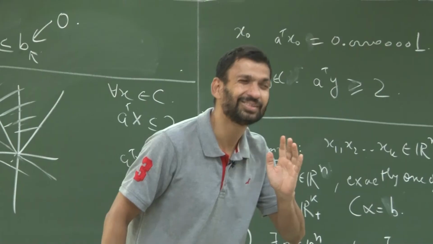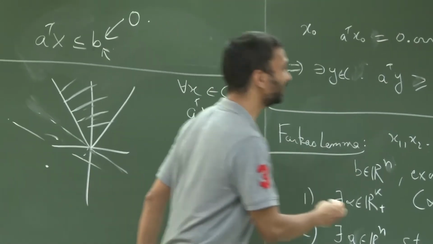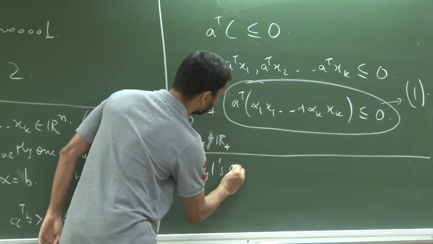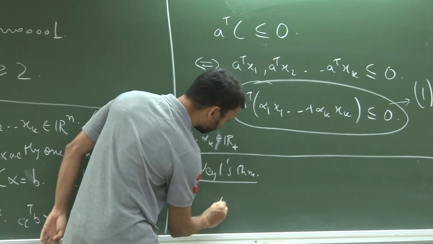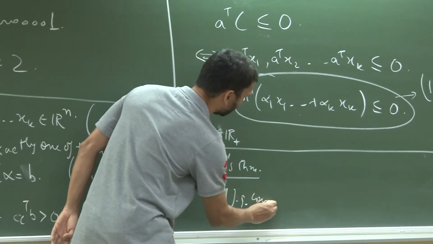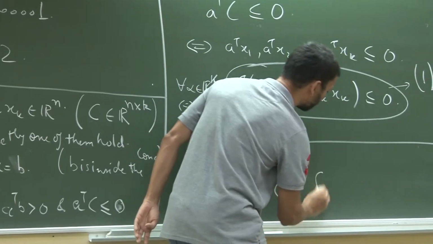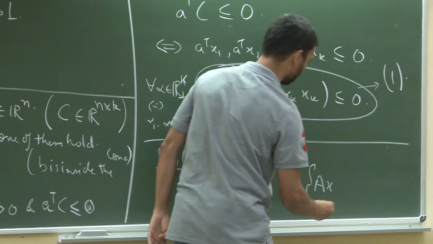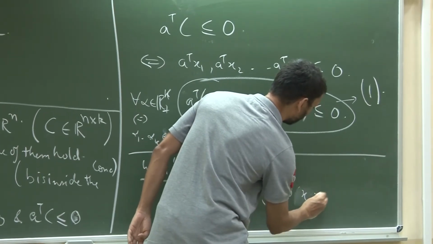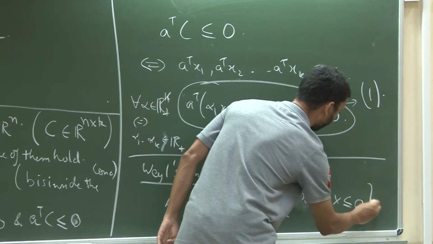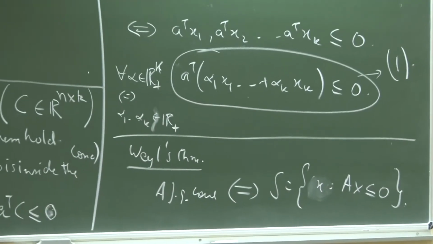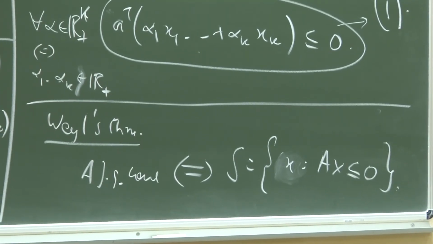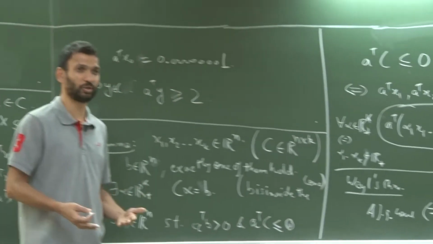A cone is, okay, you are probably confused with all this, but Weyl's theorem tells you that a finitely generated convex cone is equivalent to a set which was a bunch of inequalities where B was all 0. This is what we did for Fourier-Motzkin.